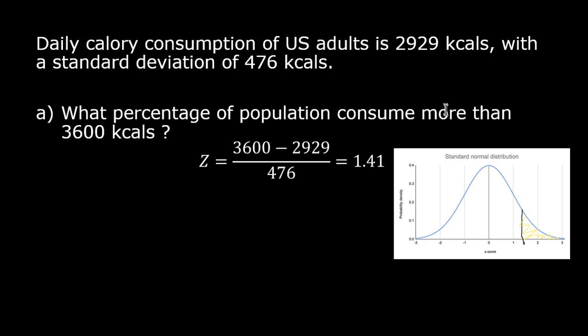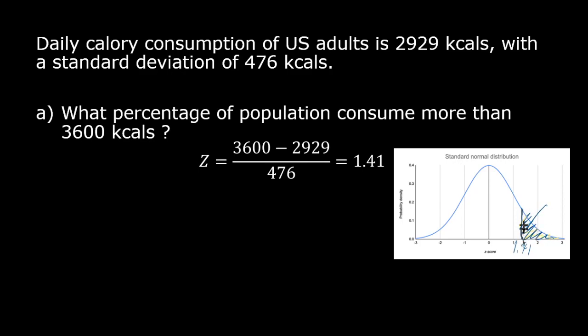The 1.41 is a transformation of 3,600, and we're looking for something more than 3,600. In the standard normal distribution, let's say this is 1.41, and we are looking for more than 1.41, so it's this part.